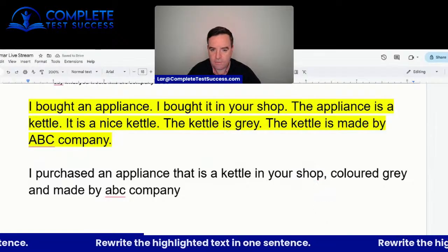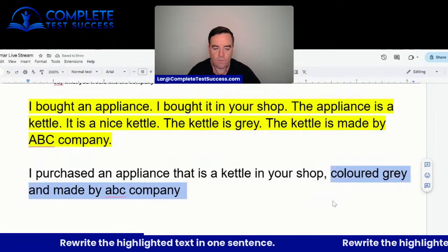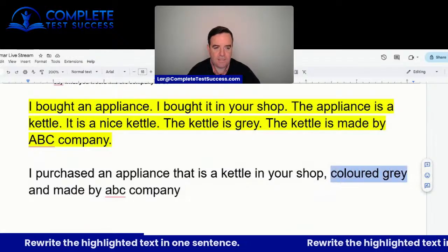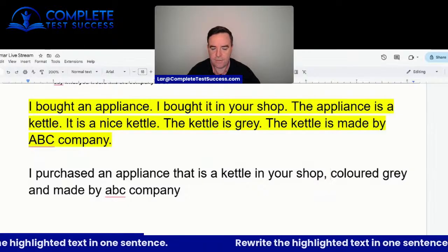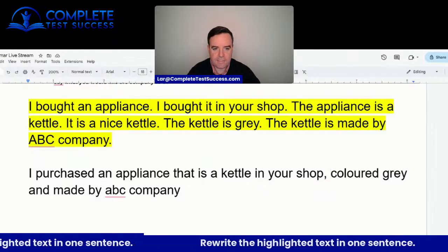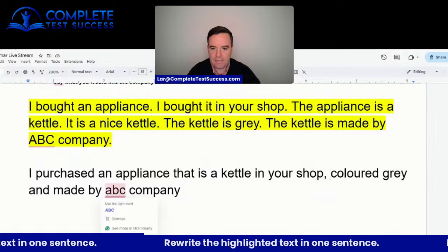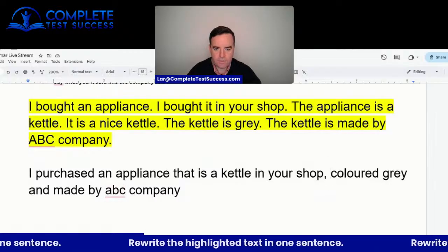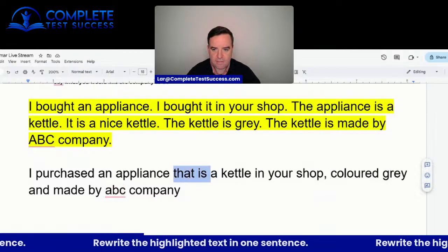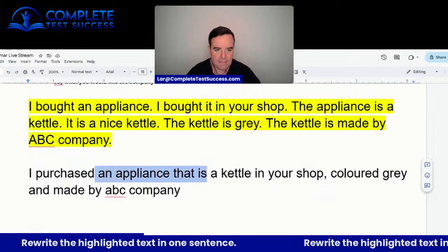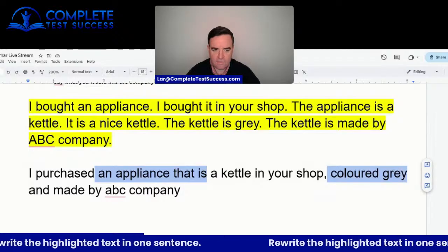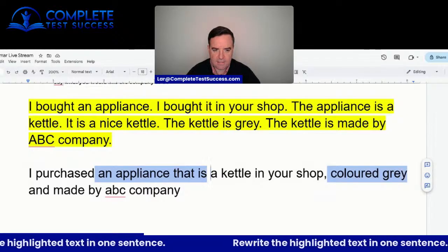Colored gray. Now, when you're starting a new clause here, the verb is going to carry over. So it's going to be that is, so an appliance that is a kettle and colored gray.